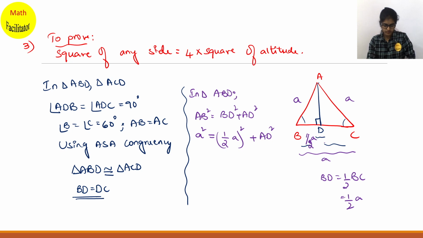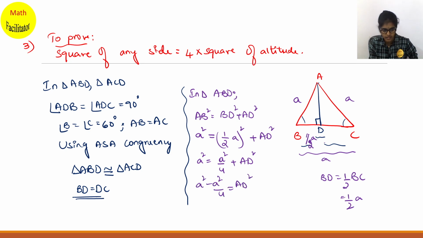Clear? So a square is equal to a square by 4 plus AD square. Sending a square by 4 to the LHS, we have a square minus a square upon 4 is equal to AD square. So AD square is equal to, taking LCM, 4a square minus a square, which is 3a square by 4.